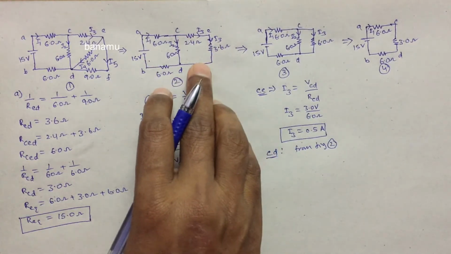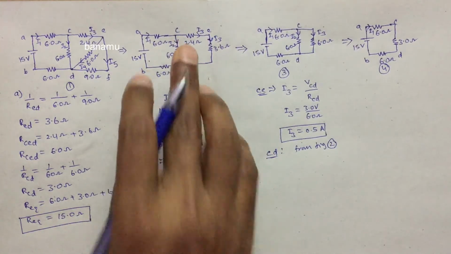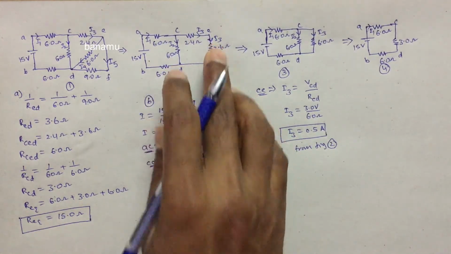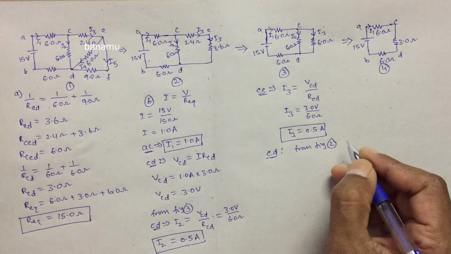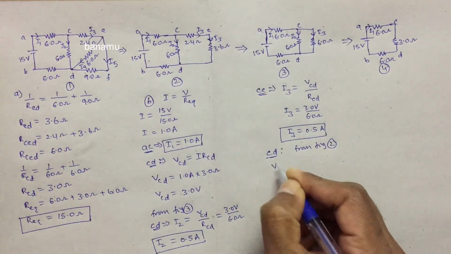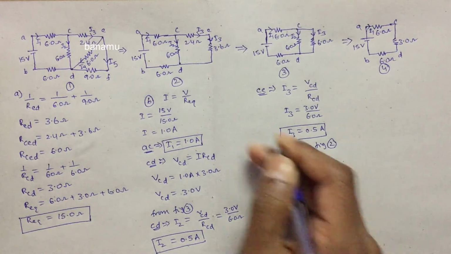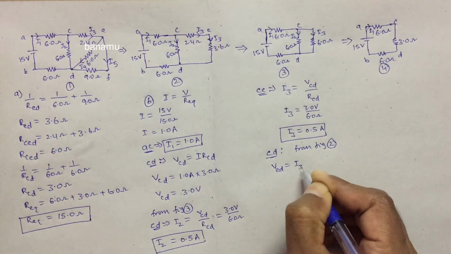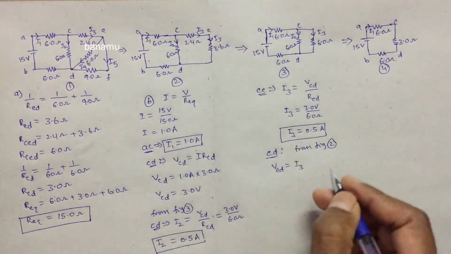In a series circuit, the current is the same through any resistance. So VED is equal to the current I3 times the resistance.